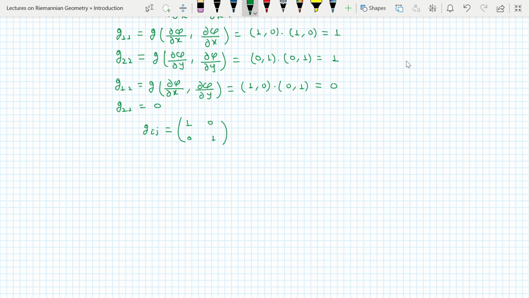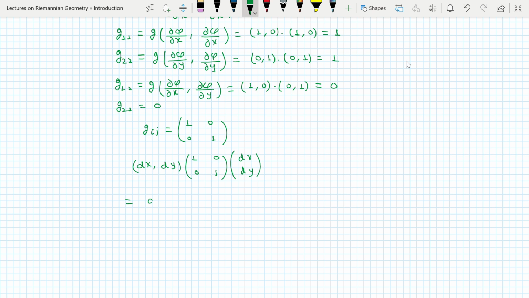Now let's find the line element. Okay. So you had dx_i, dx_j and your matrix. So you write the line element in terms of matrix, you write (dx, dy), this is your g_ij's, and (dx, dy).